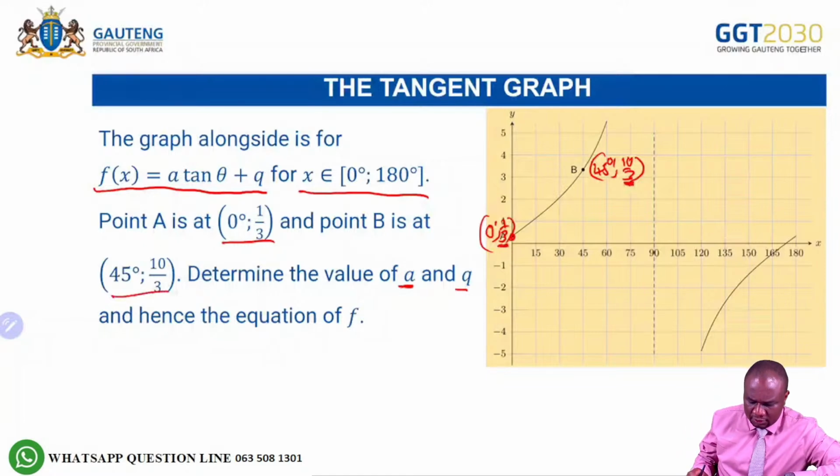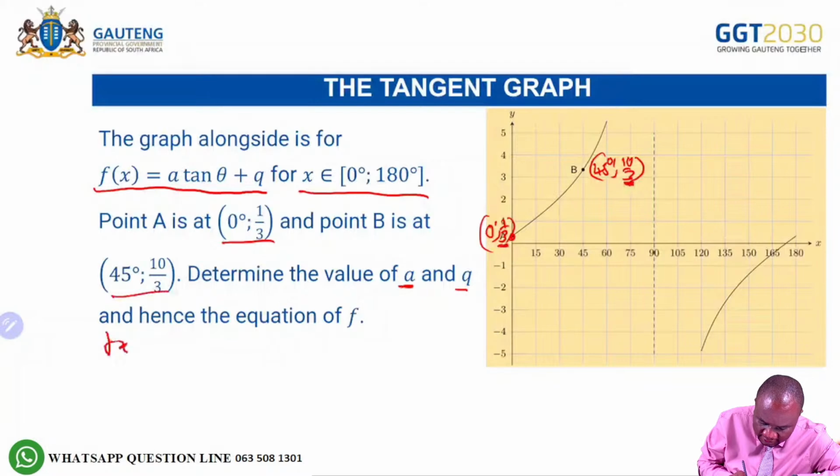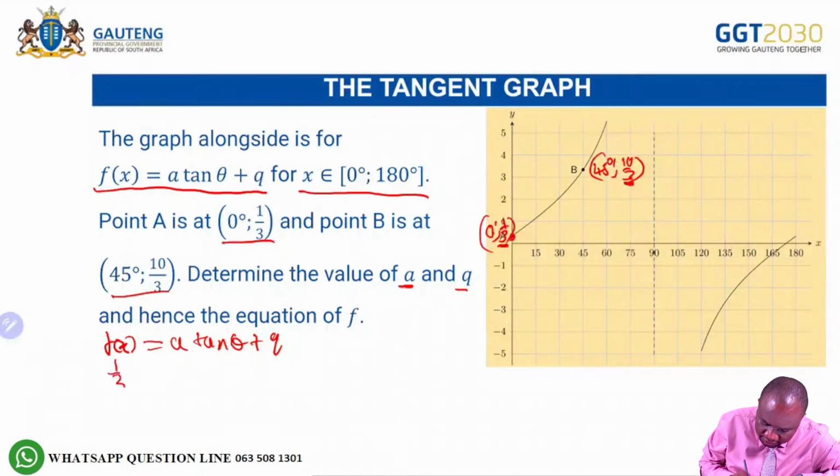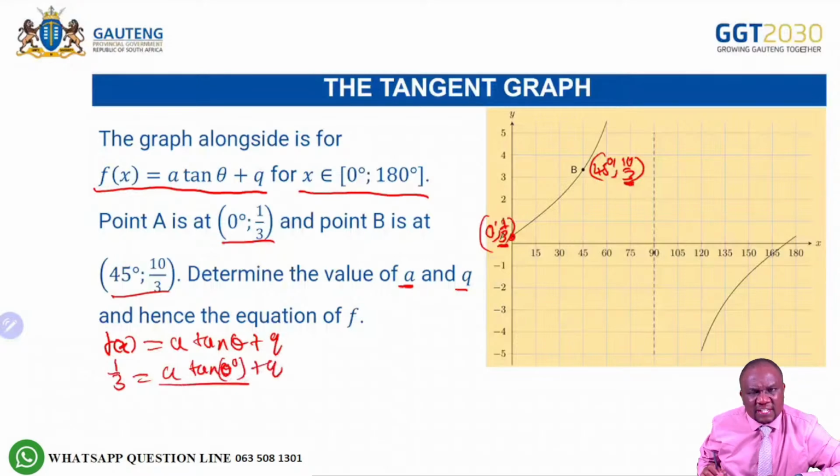Okay, let's substitute. So we have f of x is equal to a tan theta plus q. Let's substitute this point A, 0 and 1 over 3. So where there's y, we put 1 over 3. Where there's x, we put 0. It's going to be 1 over 3 is equal to a, then tan 0, and then plus q. What did you say tan 0 is?